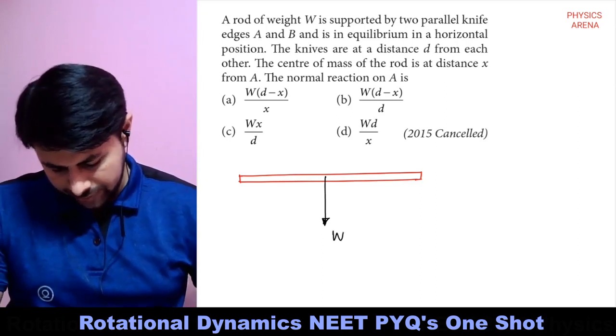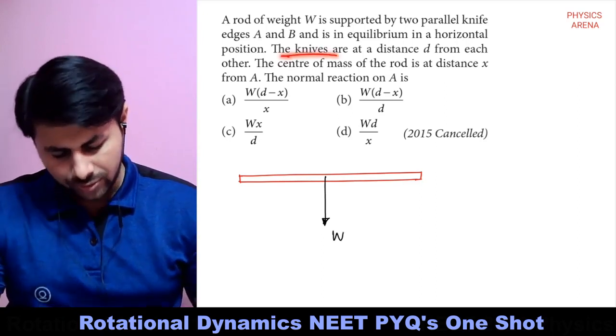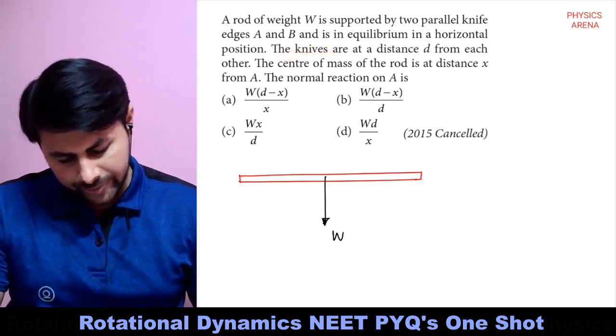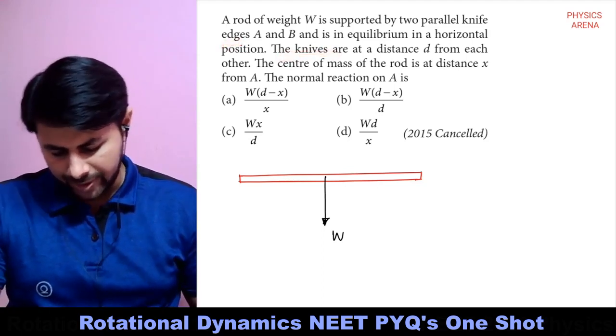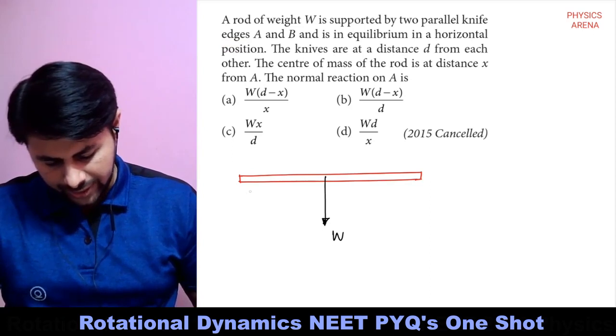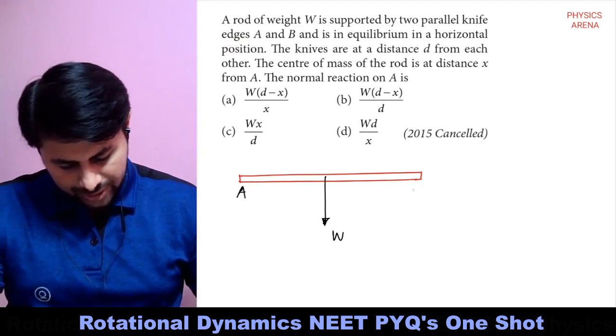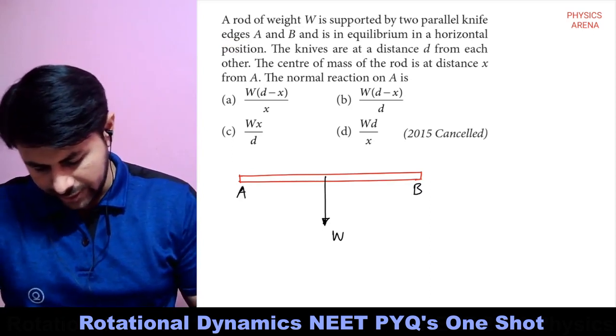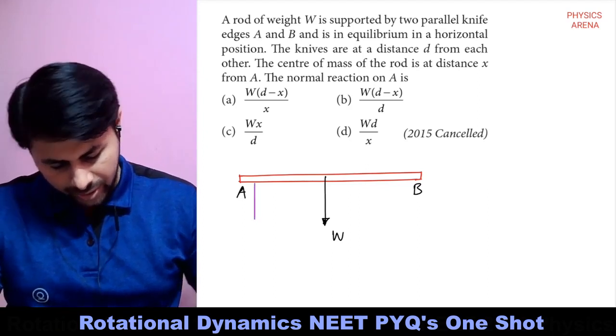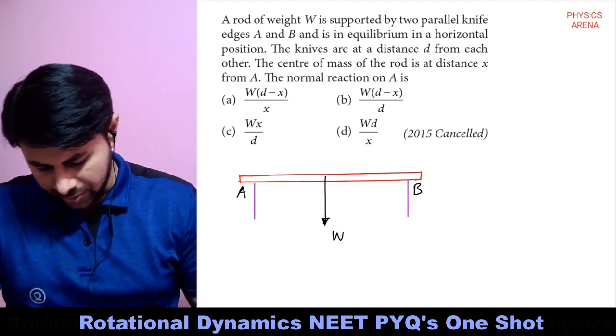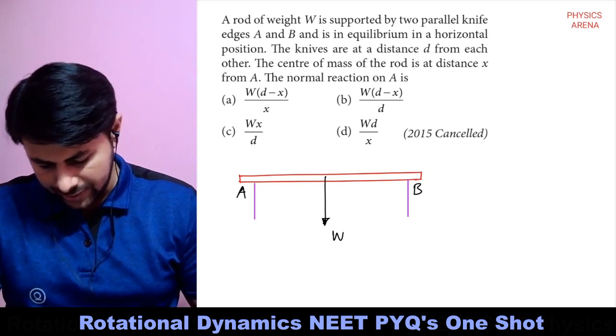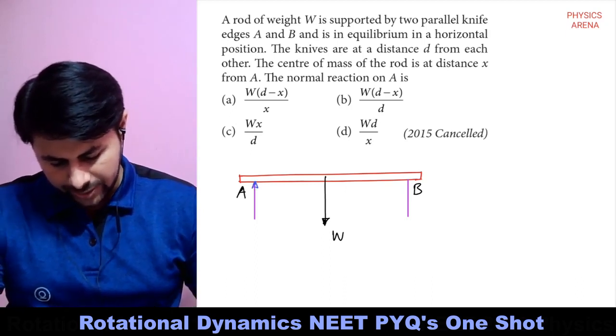Now you are using two knife edges at A and B. So let's suppose this is point A and this is point B. You are using two knife edges to support it. So they will exert some normal reactions which will be vertically upwards.